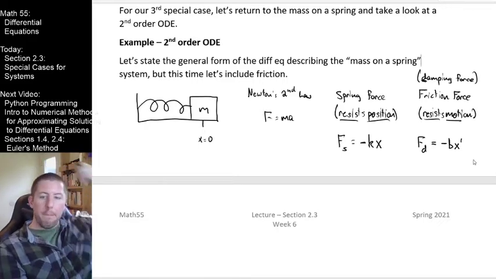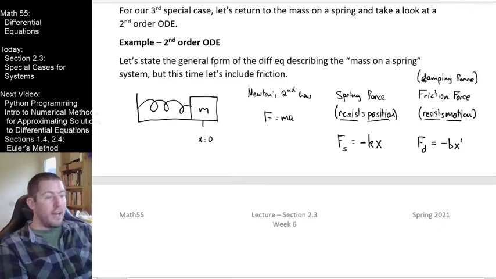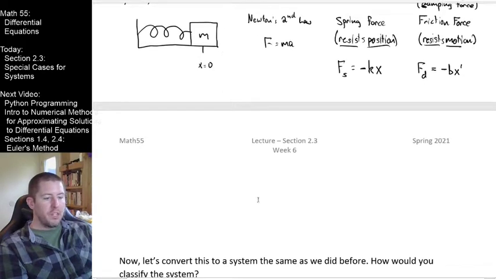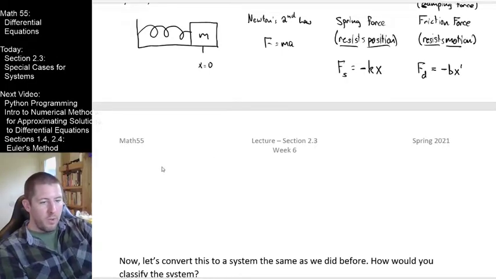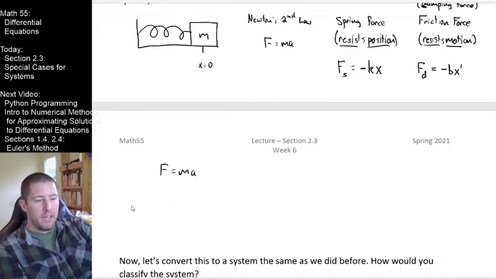So we can combine all of this stuff now into one nice second order differential equation. And as you can see, as we're tending towards the very bottom of the screen, once we get the second order, we can convert it into a system the same way that we did before. So what we want to do is we want to do our F equals ma. Our forces are the sum of the spring and the damping forces.